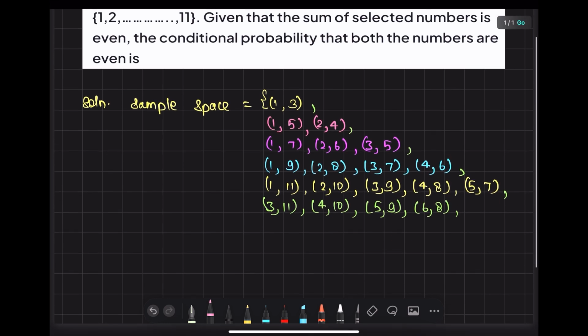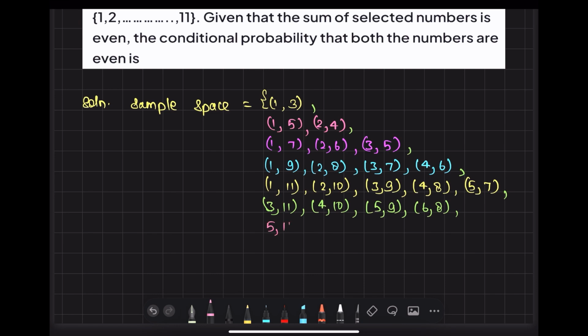Now we have 16. I cannot go with 1 and 11. 2 and 11 is 13, rejected. 3 and 11, 14, rejected. 4 and 11, 15, rejected. Then 5 and 11 is selected.